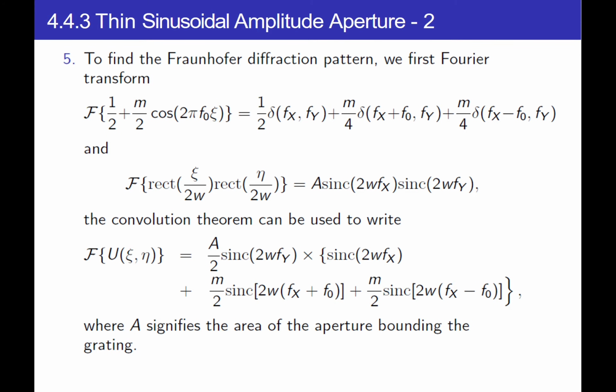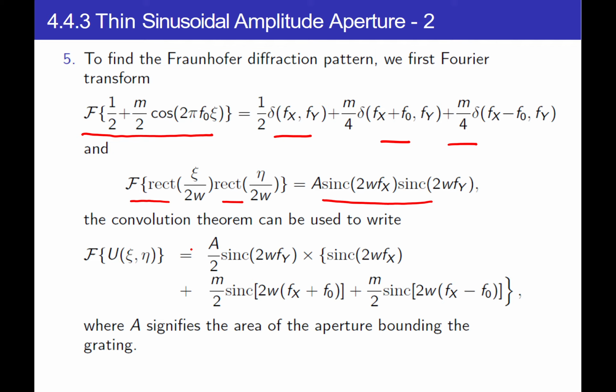Okay. And then we need to find out the Fraunhofer diffraction pattern, and then we do the Fourier transformation. And we get the Fourier transformation of this modulation part, which is given by this one. And the Fourier transformation of this part is, as you know, this sinc function.